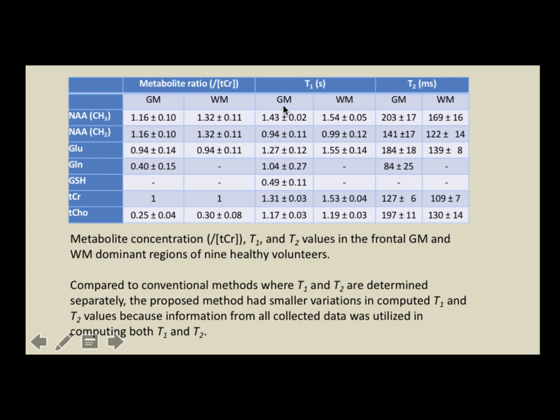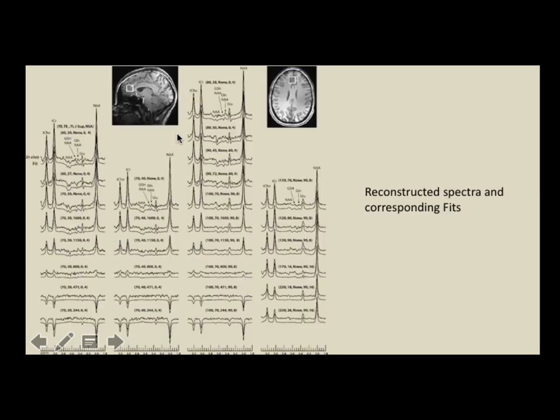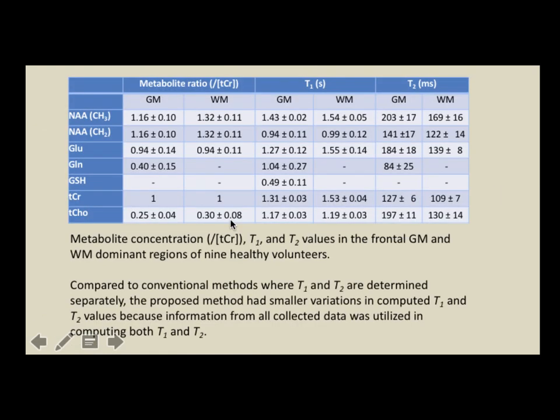So we can see in the gray matter, basically in the prefrontal cortex. The white matter comes from the right frontal lobe. In the gray matter, the T1 is shorter and T2 is longer. Two things we found that are interesting.